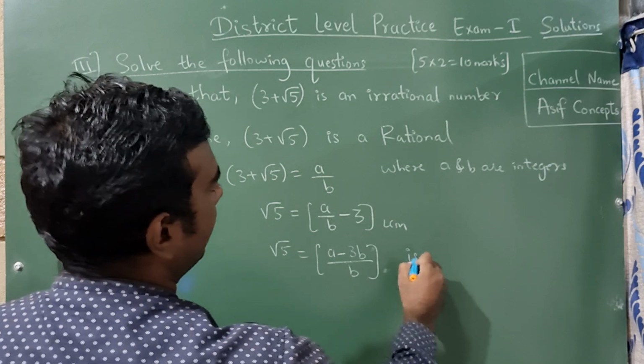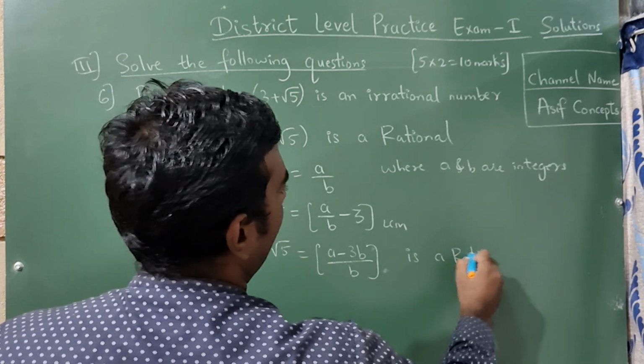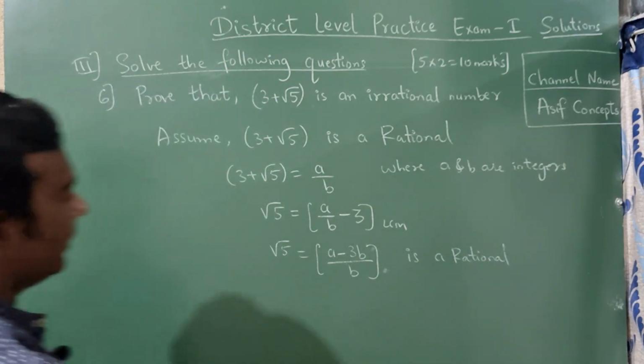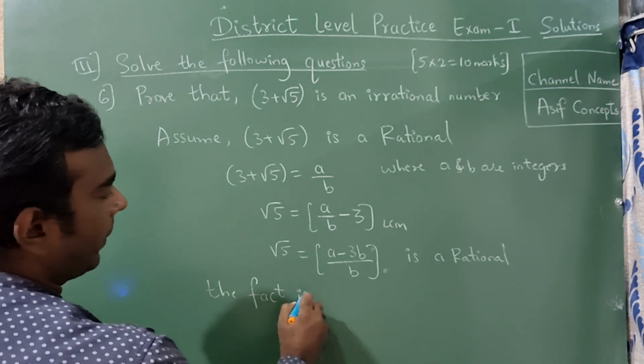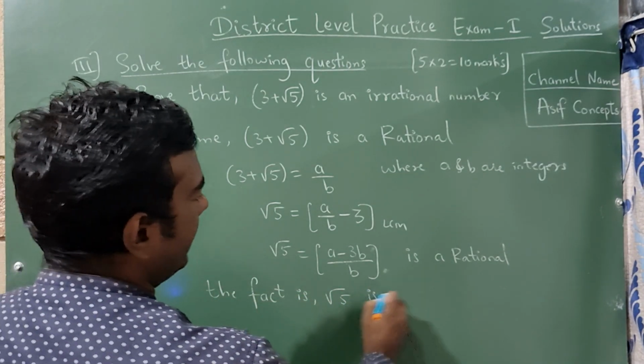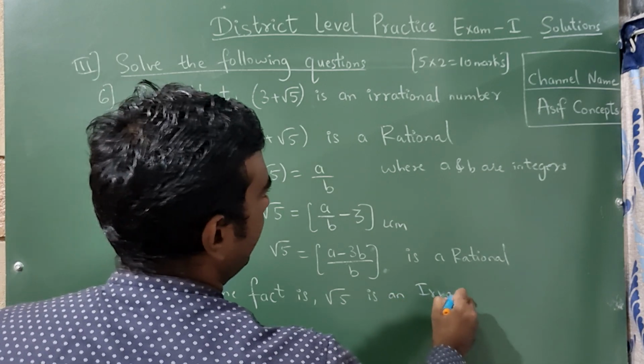But this is a rational. The fact is root 5 is an irrational number.